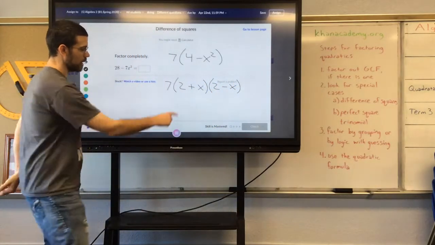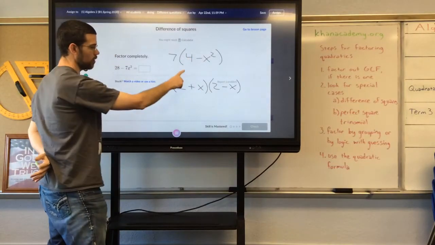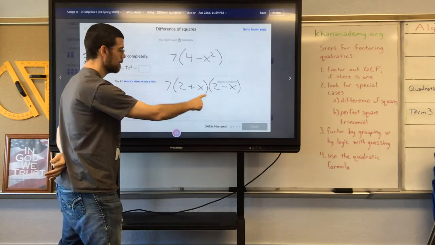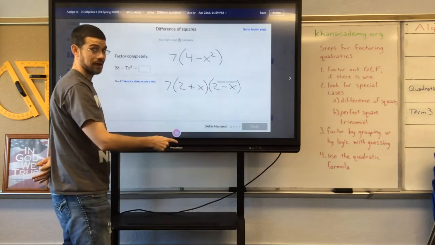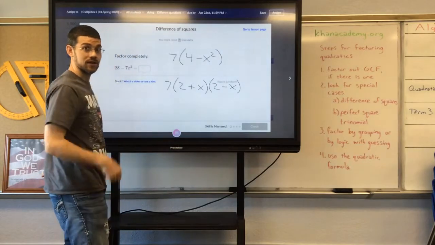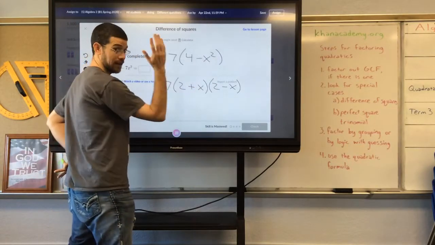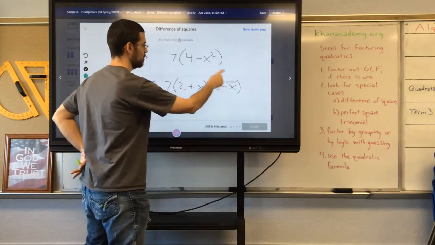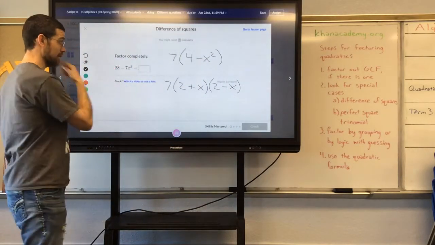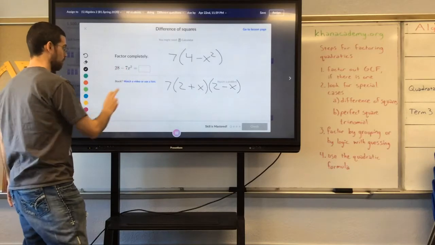If you were to multiply that all out, you get 2 times 2 is 4, 2 times negative x is negative 2x, plus x times 2 is 2x. Well, 2x minus 2x is 0, so they cancel out, and then you have x times negative x, which is negative x squared. All times 7 gets you back to the beginning, and we can put our answer in.